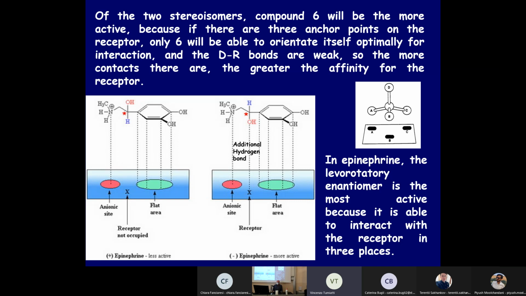So you can understand from this example the importance of the right configuration of this carbon atom. Only minus adrenaline, epinephrine is the same, is active, is more active. The other one, the plus adrenaline, is less active.